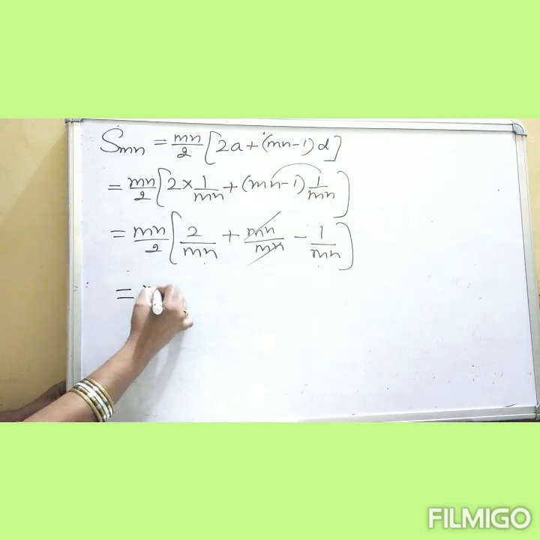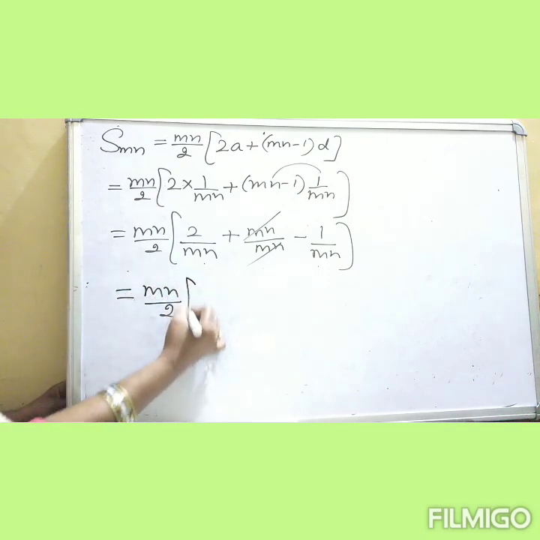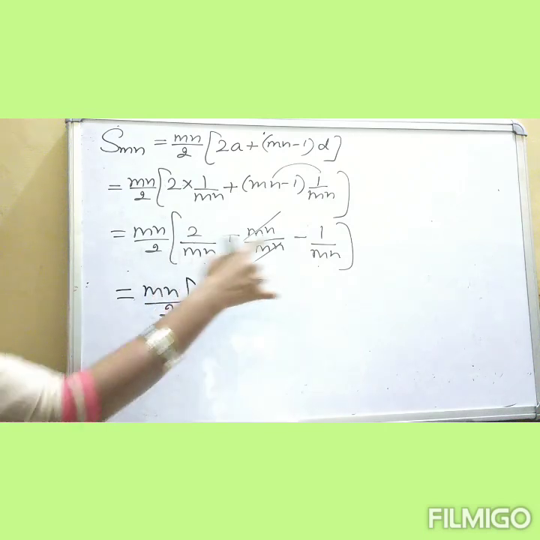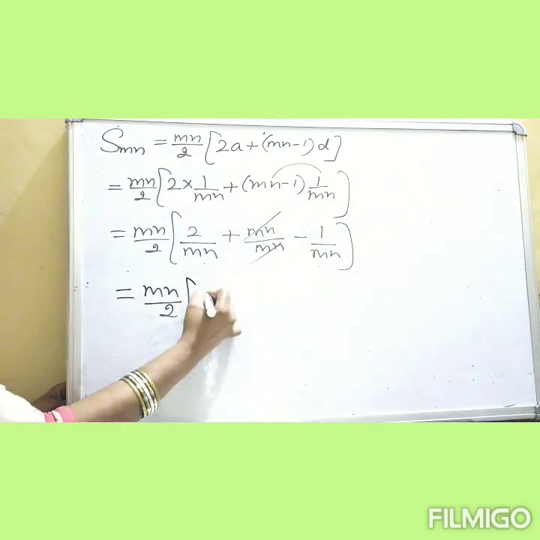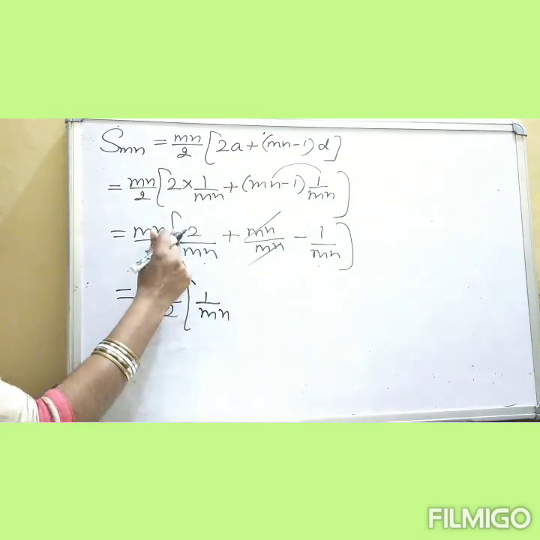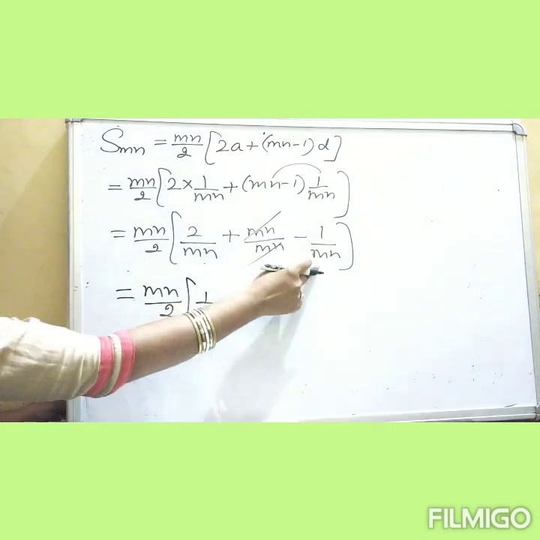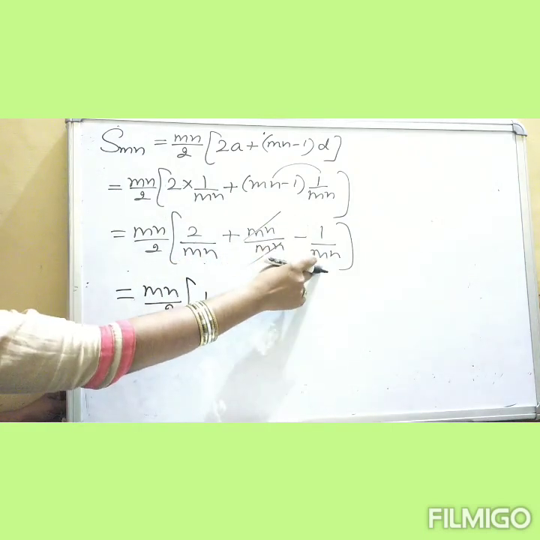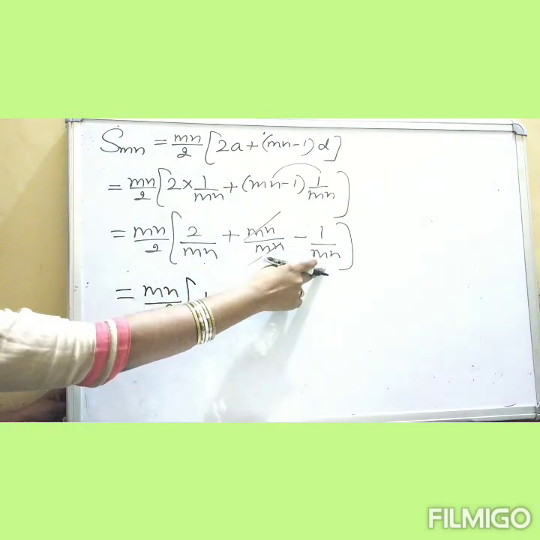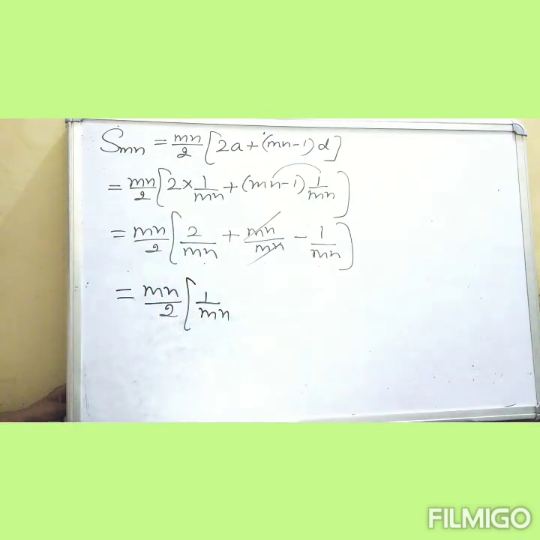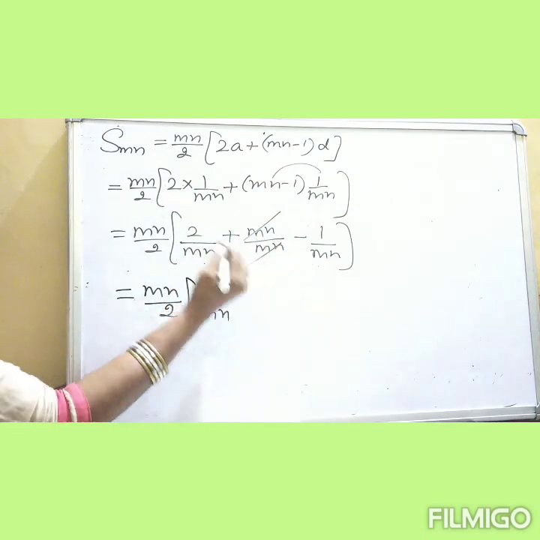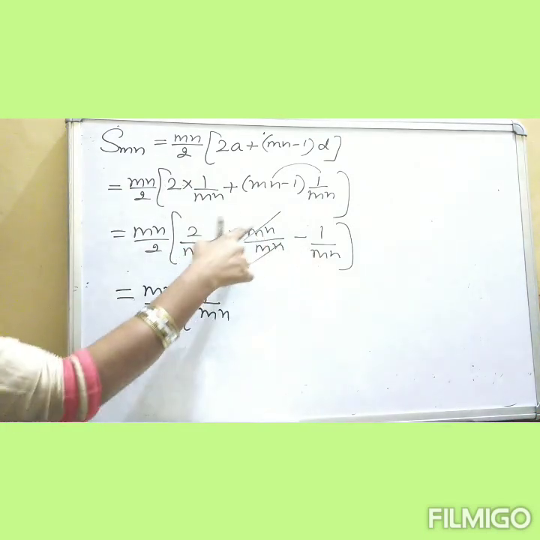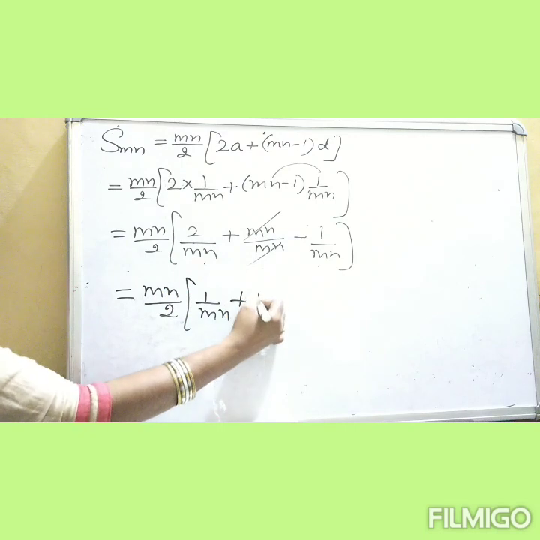So this is equal to mn by 2 times (2 by mn minus 1 by mn, which is 1 by mn). If you are not able to see how we get this, you can take the LCM also, otherwise you can do it directly. And mn by mn is plus 1.